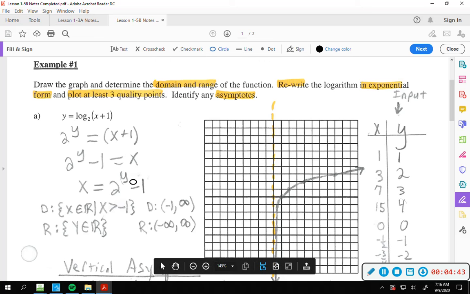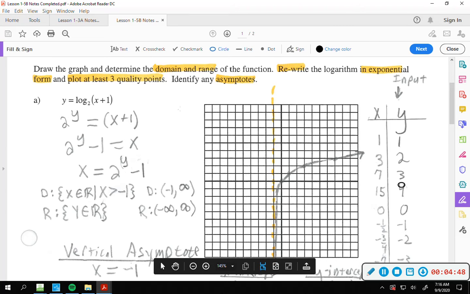But what happens then if y becomes negative? So what if I go the other direction from 0, from this most interesting value of y? If I plug in negative 1, I'm going to talk through this. 2 to the negative first power is 1 over 2 to the first power. That's 1/2. 1/2 minus 1 is negative 1/2.